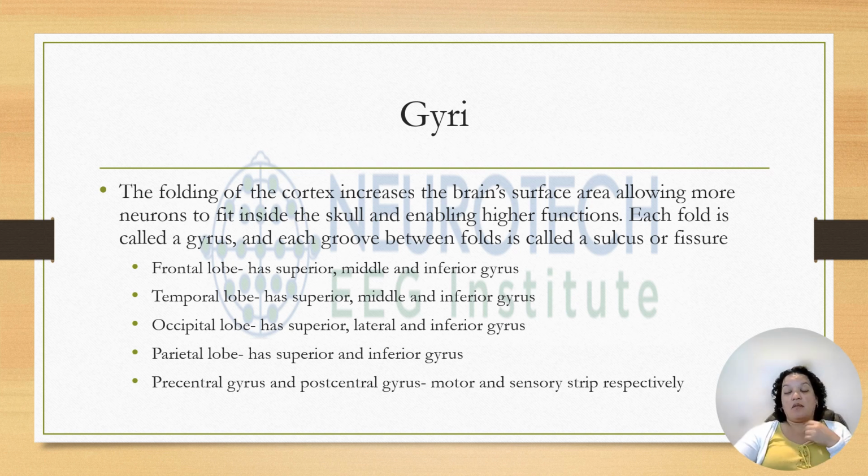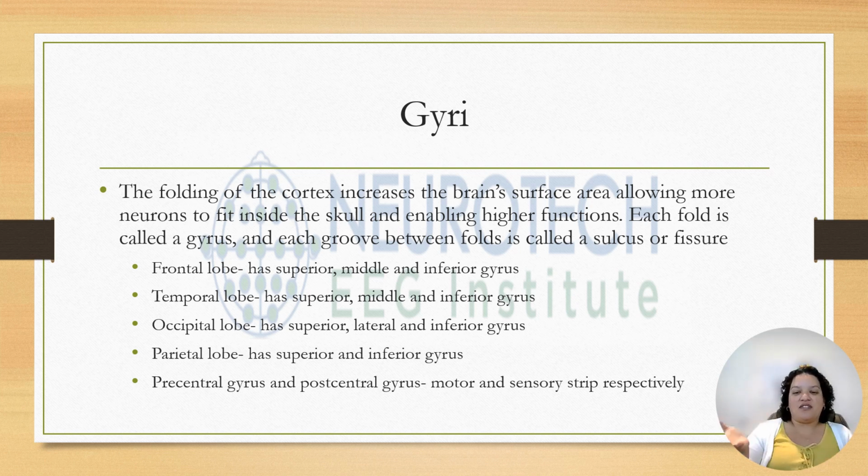Another thing we have in the brain is gyri. Our brain is not a smooth surface. It has these foldings, and what this does is create a larger surface area. If you were to take a brain that is like a compact mass and cut the gyri, you would see how it expands.